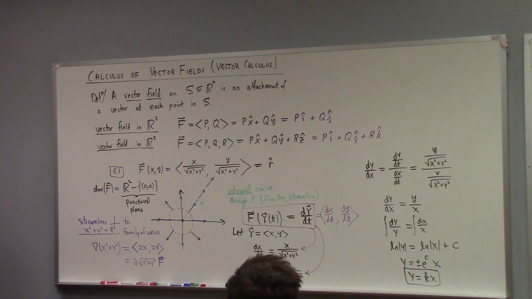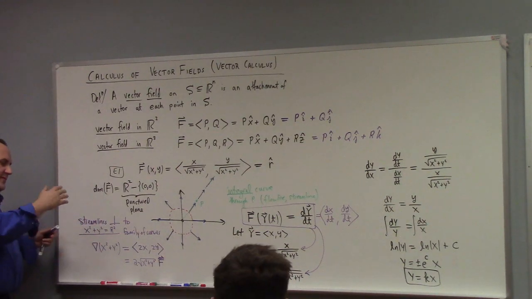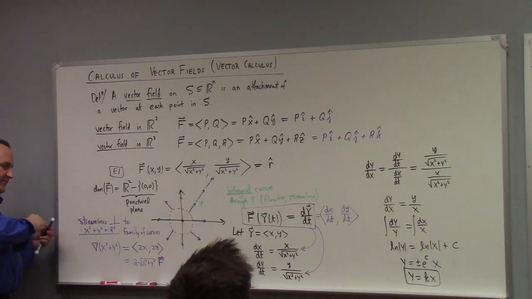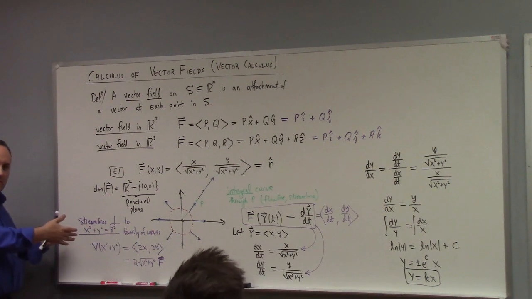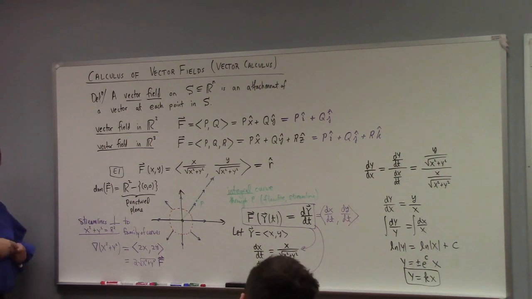That's the kind of thing I want to see. So that's the geometry if you think about it. The streamlines are going to be perpendicular. Whatever the streamlines are perpendicular to, that family of curves, the gradient of that family of curves should match up with the direction of the given vector field.